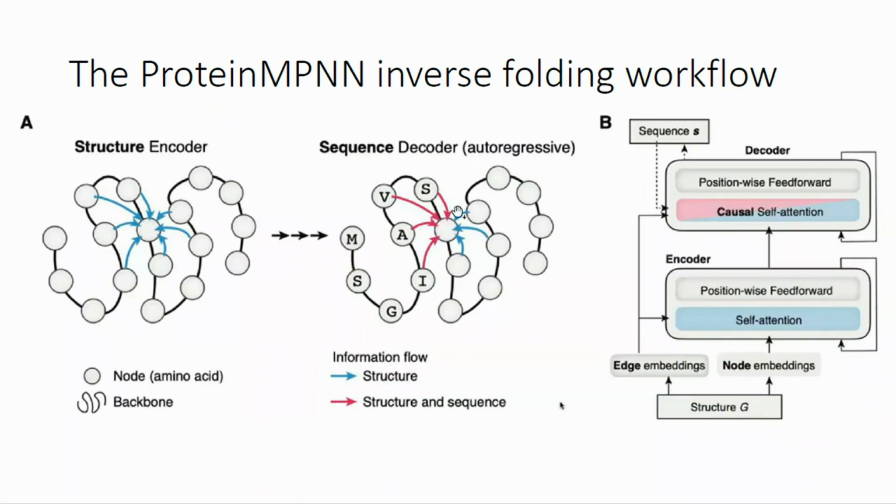How this is done is by adding a causal mask to the decoder, where part of the graph only sees the masked embedding of the node, and part of the graph actually sees the sequence information, and therefore has a slightly different embedding. It's like the causal mask in a transformer, just that the transformer now becomes a geometric MPNN.